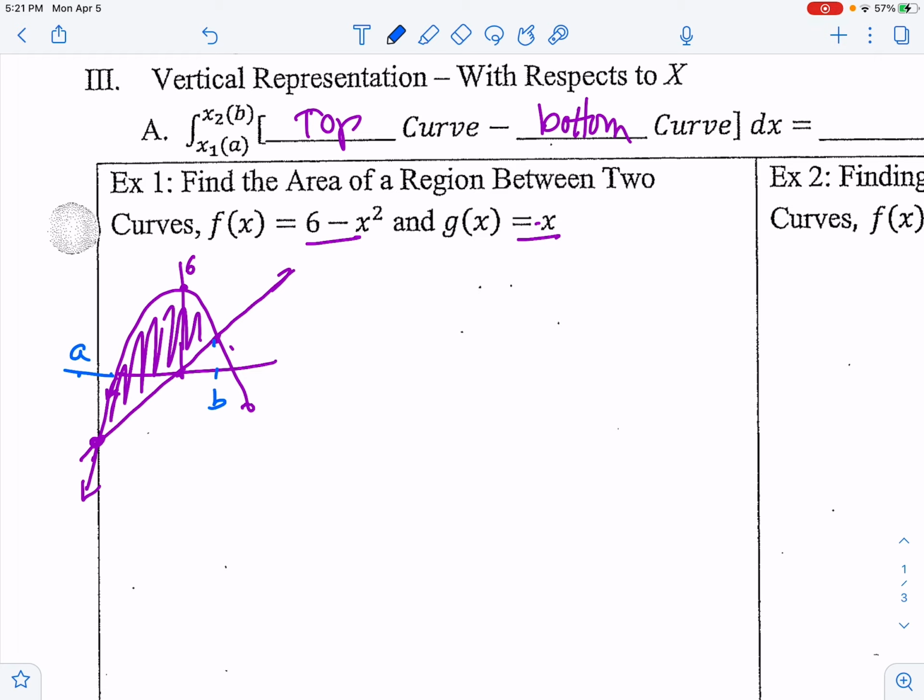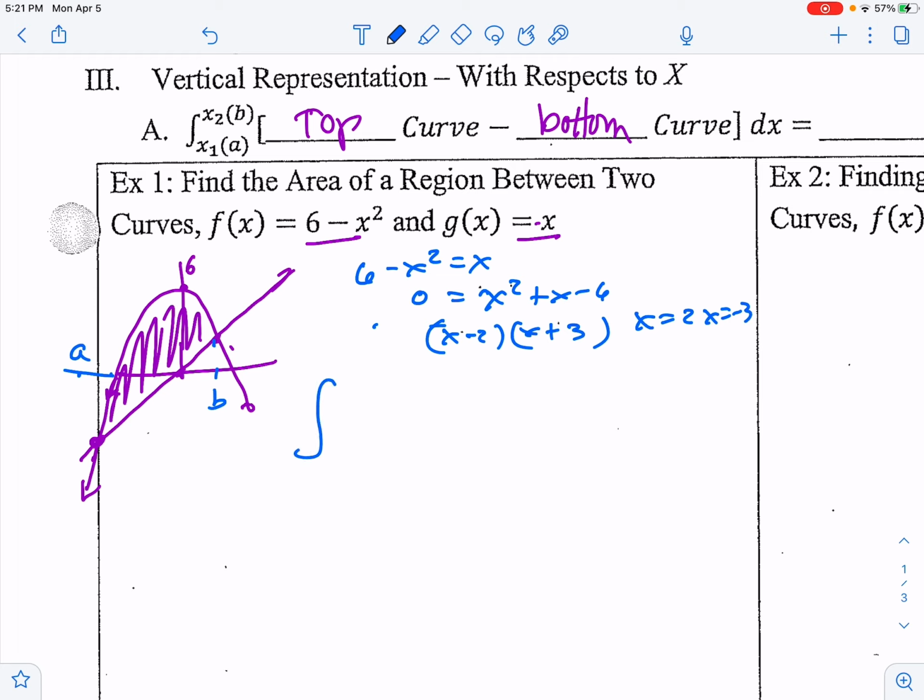So I can integrate. So first thing you got to do is set the two equations equal to each other. So you find out the intersections. I'm going to move this over so I get x squared plus x minus 6, which factors, of course, as x minus 2 and x plus 3. So I've got x equals 2 and x equals negative 3. Those are the bounds.